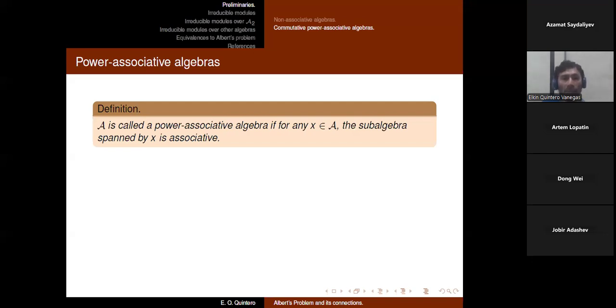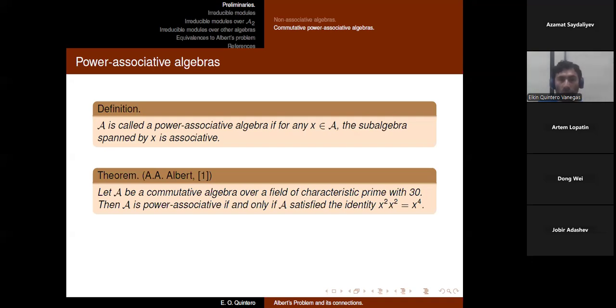So what is a power-associative algebra? If we have an algebra where the subalgebra spanned by x is associative for any element x lying in it, the algebra is called a power-associative algebra. The principal motive for the characteristic to be different from 2, 3, and 5 is due to this theorem.